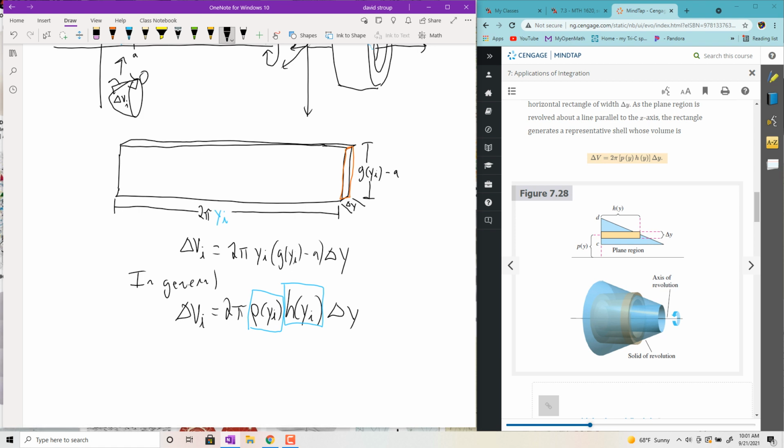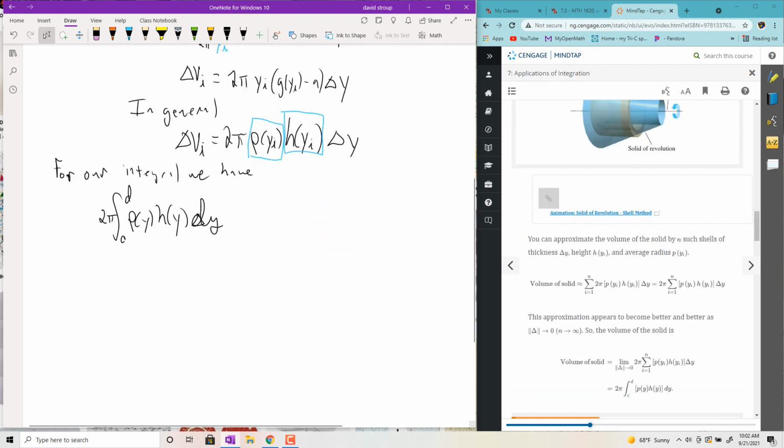And then for your integral, in this orientation, we have basically just the sum of these increments. So it'll be the integral. You can factor out the 2 pi, from c to d, of rho of y times h of y dy.